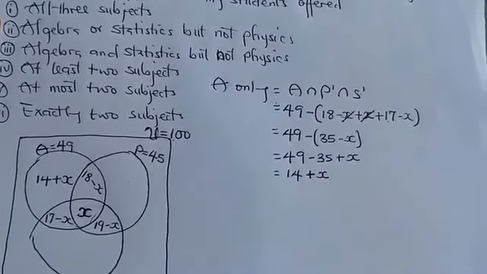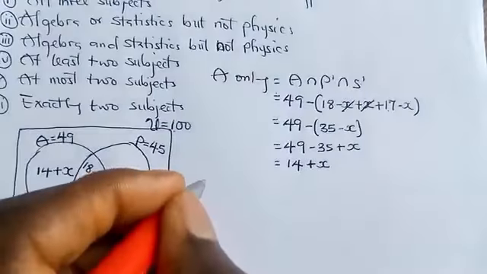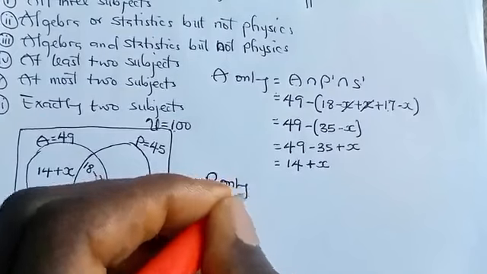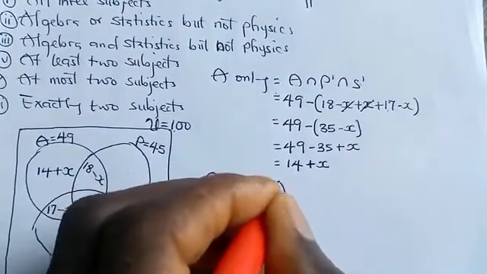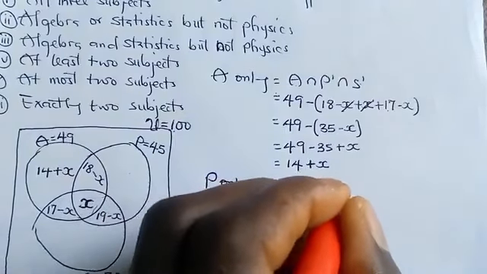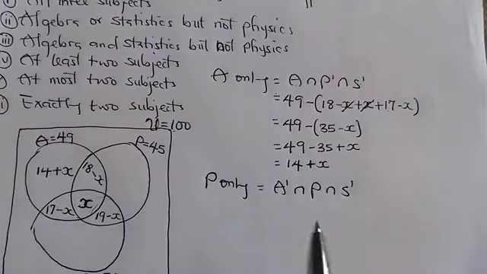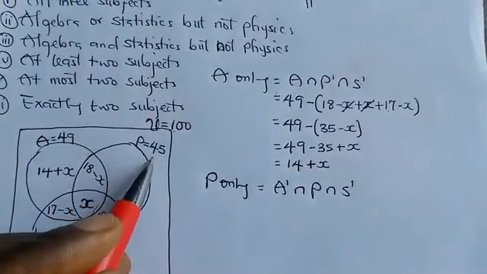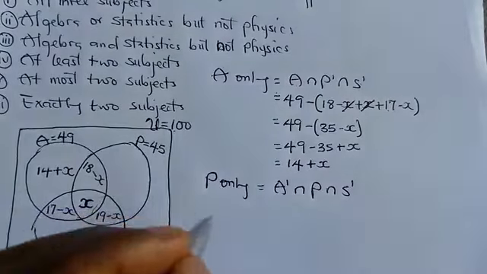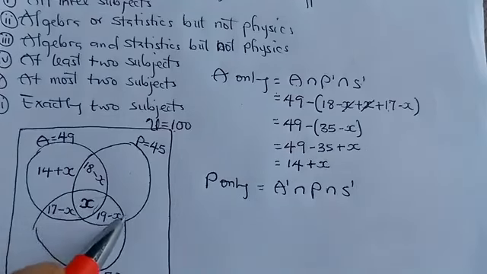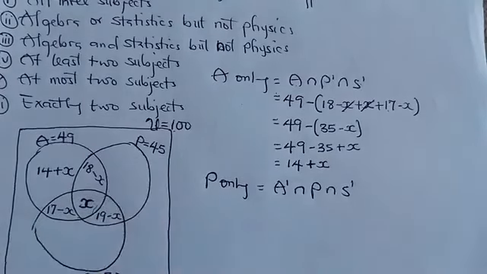Next, we'll do the same thing for physics only. So for P only, that's for physics, we are going to have A prime intersecting P intersecting S prime. That's for physics only. And for physics, we are told that 45 students took physics that semester. So we are going to subtract the data we have here under the oval shape for physics from 45 to know physics only.